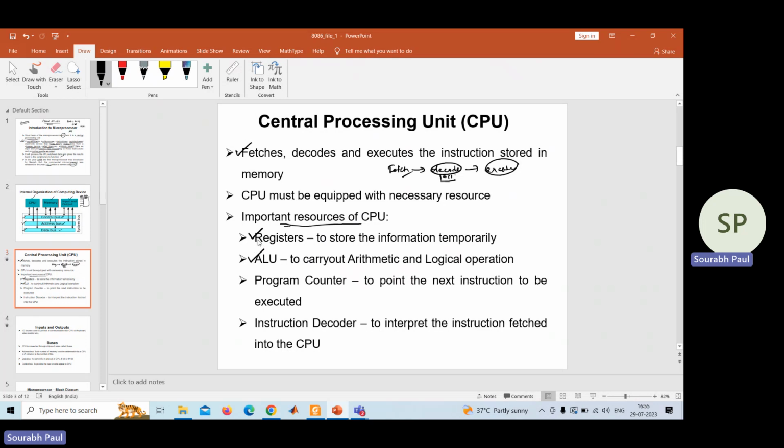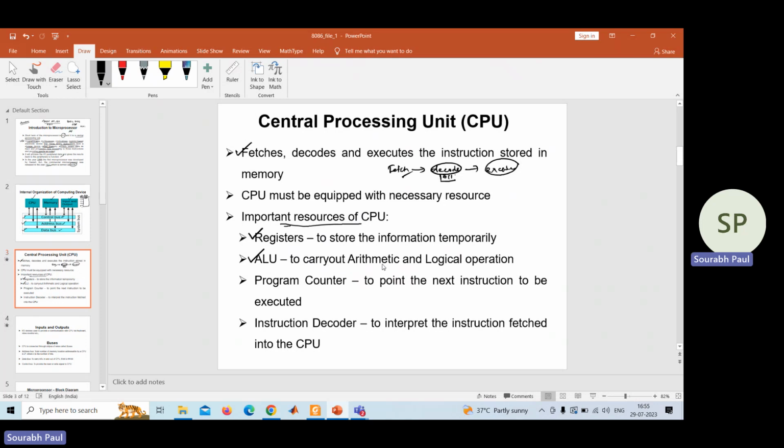These are the important resources. The register, as I told, has the main purpose of temporarily storing data. Then the ALU. What is the full form of ALU? Arithmetic logic unit. What is the purpose of the ALU?